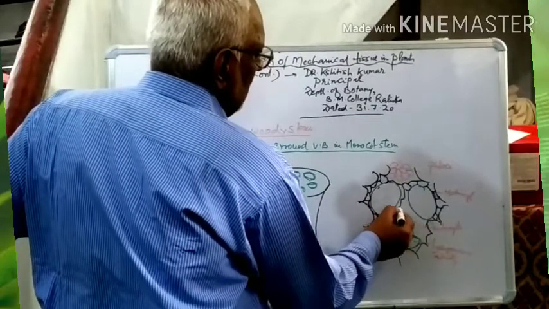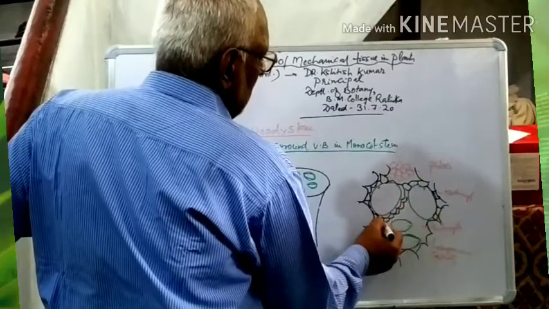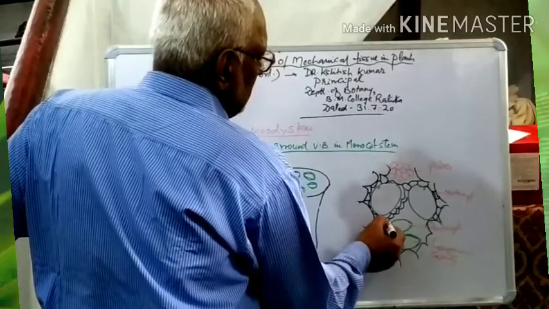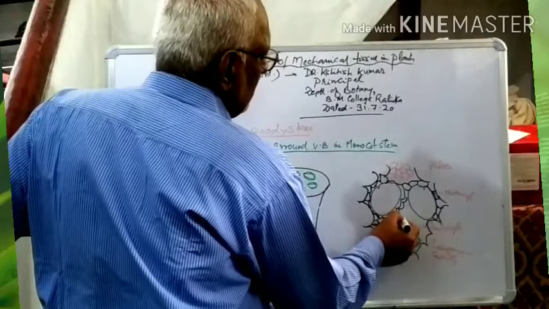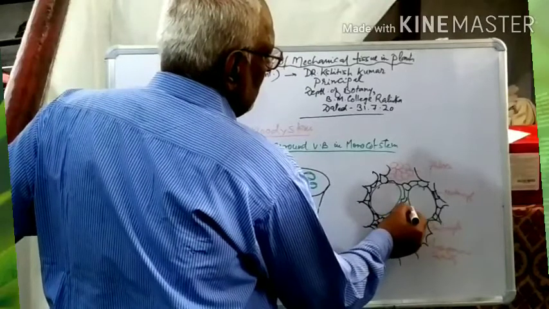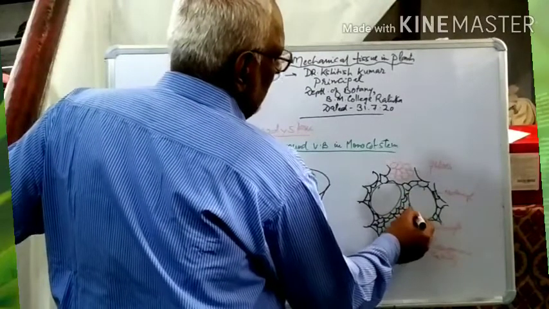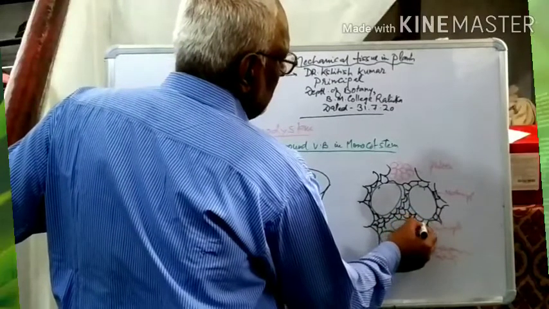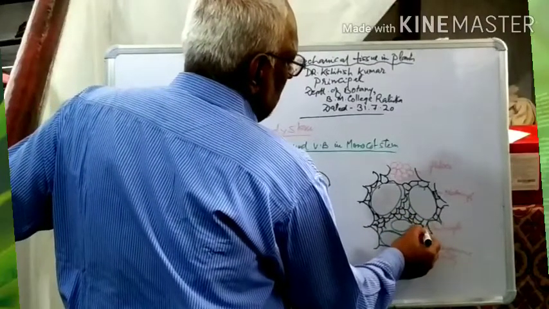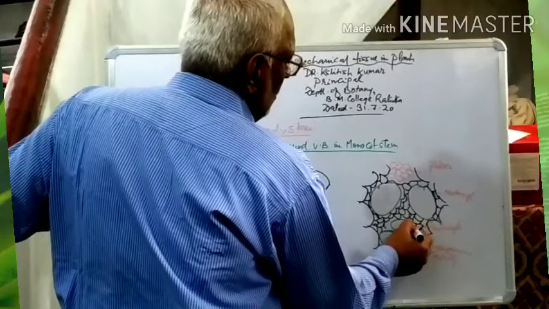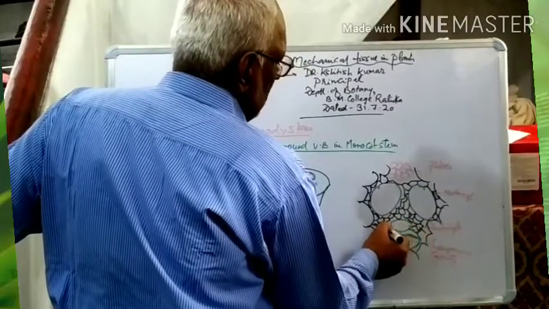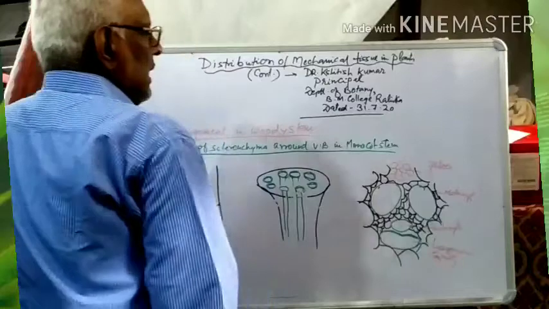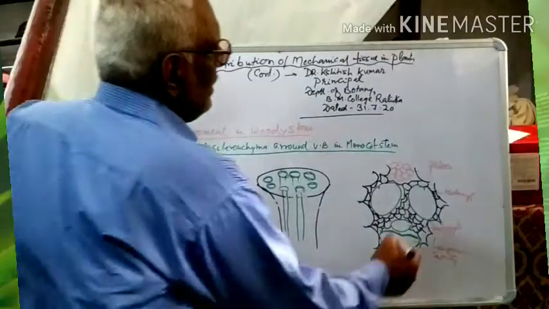So the covering of sclerenchyma cells gives mechanical support to the plant, and hence the plant can bear or tolerate and resist the pressure of wind.